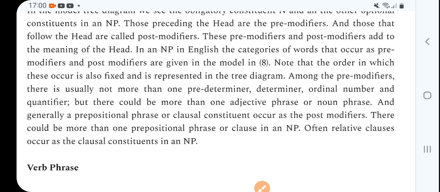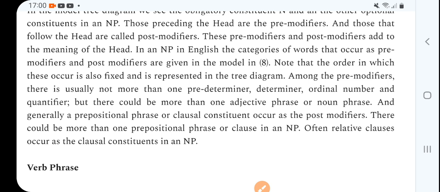In the NP in English, the categories of words that occur as pre-modifiers and post-modifiers are given in the model 8. Note that the order in which these occur is also fixed and is represented in a tree diagram.